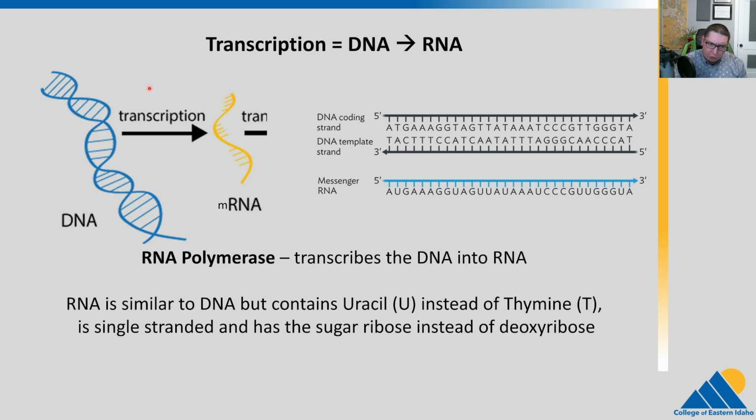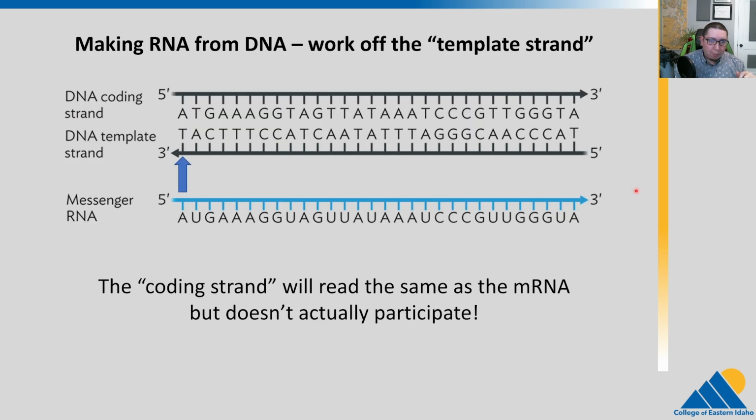We also have RNA as a single-stranded molecule. In most cases, it's single-stranded, and the sugar in there is ribose instead of deoxyribose. But otherwise, it gets built 5' to 3'. It has to be anti-parallel, all of those things. So let's look at making this mRNA here. This mRNA is made from working off the DNA template strand.